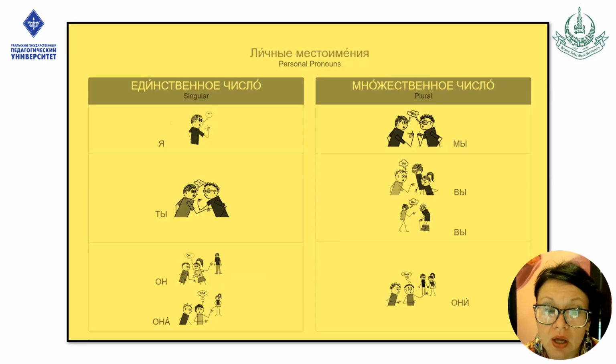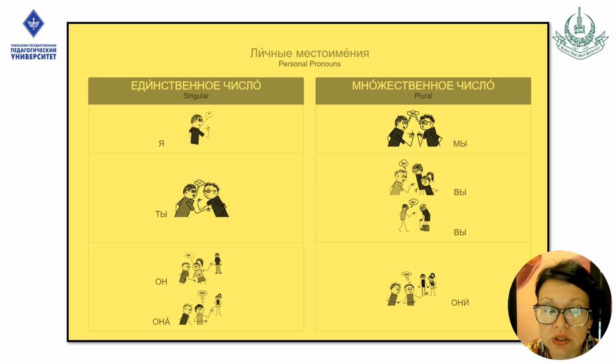So then, personal pronouns. We have singular personal pronouns and plural personal pronouns. Singular, that's я, I, me. And мы, plural. Can you guess the meaning of this pronoun? Мы, it's we in English, right? So я, мы.